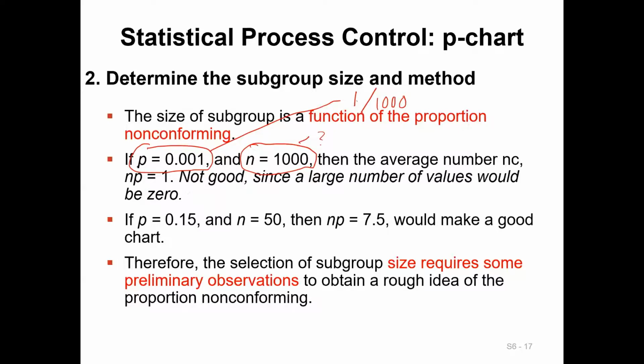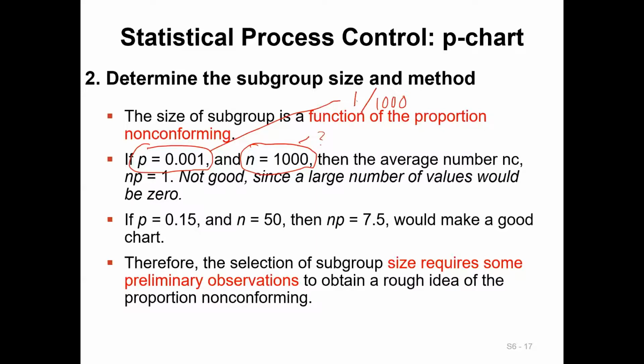So if you know the history data of the performance of the process, even though 1,000 looks like a very big sample size, this is not a good sampling plan because P is 0.001. If you pick 1,000, the chance for you to find a reject or defective item is very, very small. You get me? So it's not a good sampling plan.